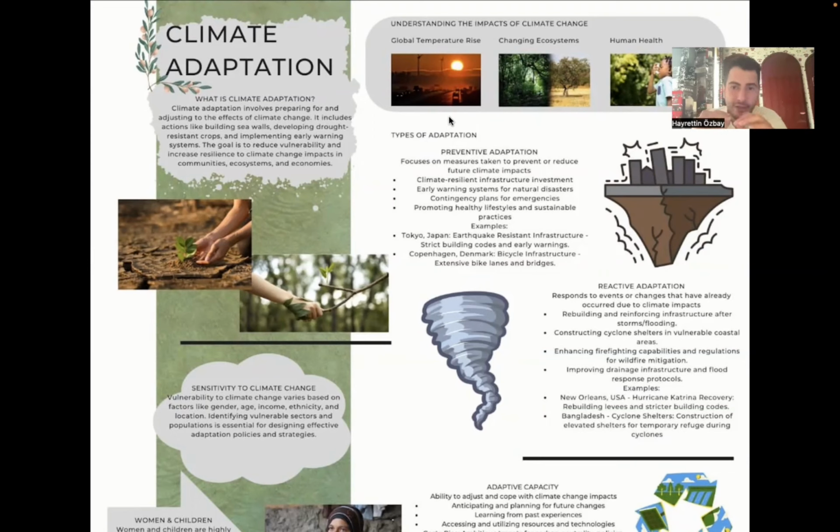Understanding the impacts of climate change is so important. Why? Because global temperature rise, changing ecosystems, and human health, these are the three main things. Increasing temperatures exacerbate natural disasters such as droughts, heat waves, and wildfires. The frequency and intensity of extreme weather events increase.